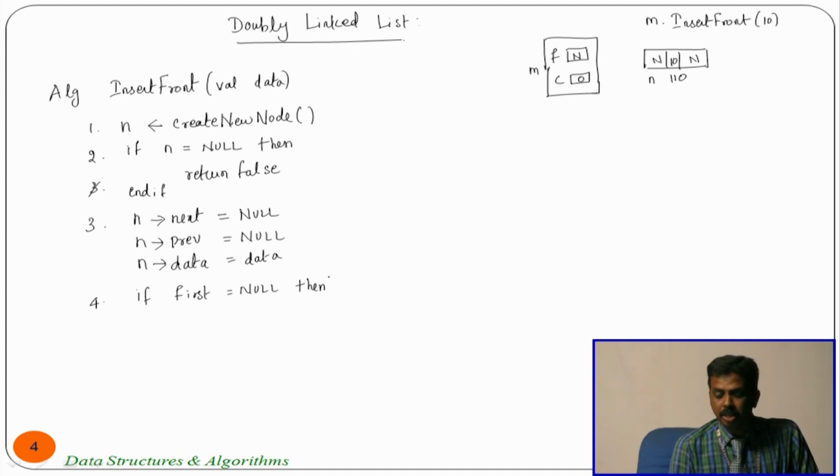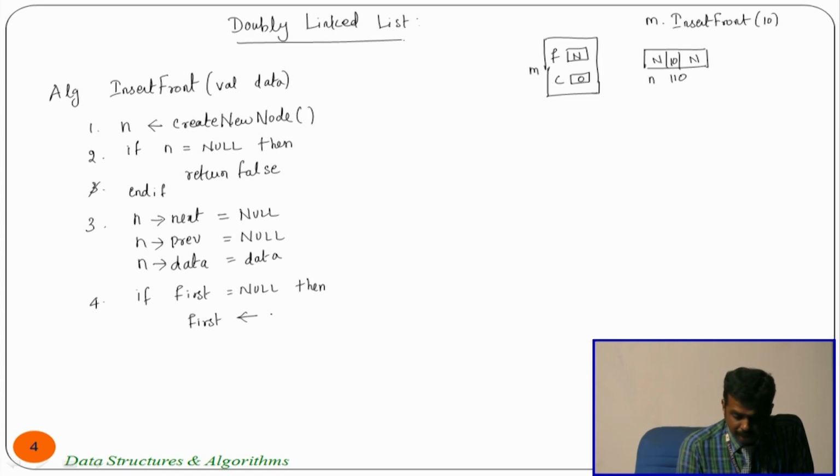Then the newly created node is the first node. So I have to update first equal to the newly created node, which is n.